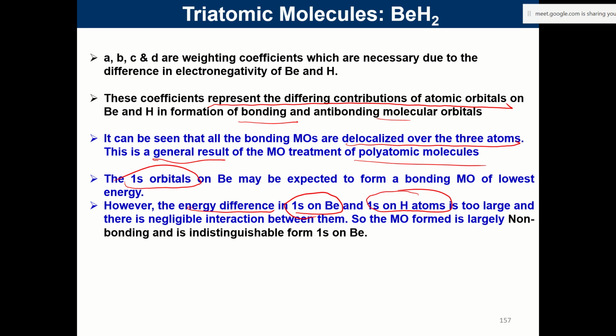So that remains as a non-bonding orbital. So the 1s orbital which is there in beryllium also remains as non-bonding.